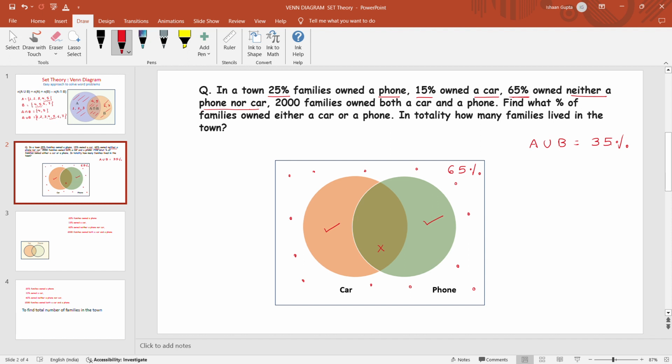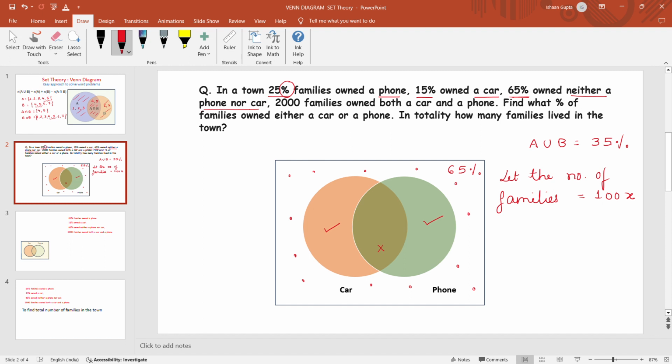So here what we do is we start with, let the number of families be 100x. Why are we taking it as 100x? Because if we take x, then because everything has been given in percentage, there will be a lot of fractions.